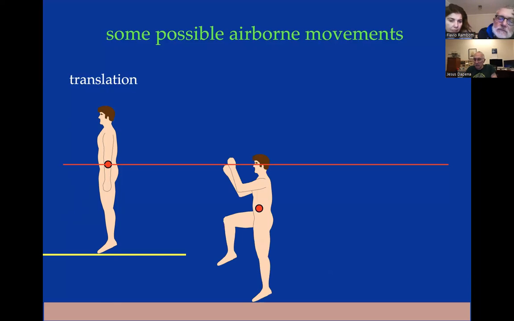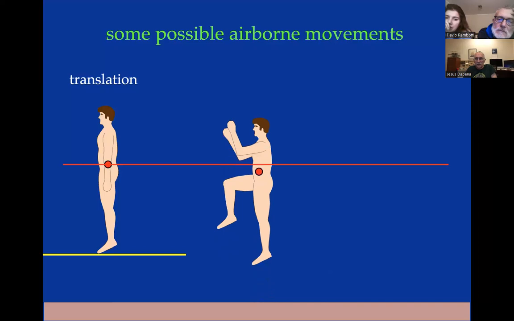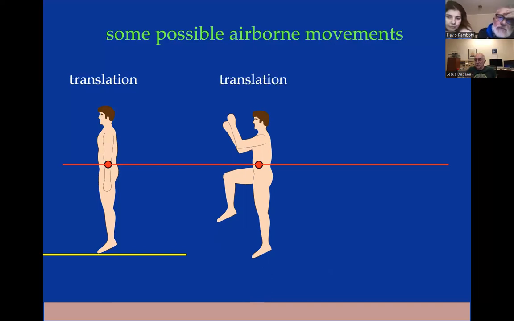Well, let's say, again, another jump, the same way, same takeoff, reaches the peak, but now he's going to do something different. What he's going to do is he's going to lift both legs up. Again, this is a pure translation. So the legs are going to go up, so something else is going to go down.